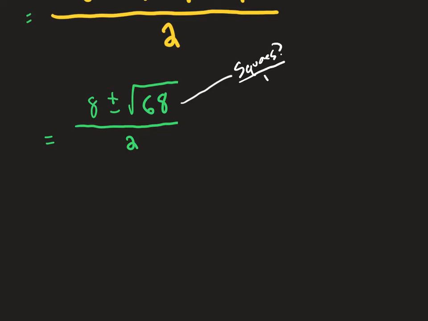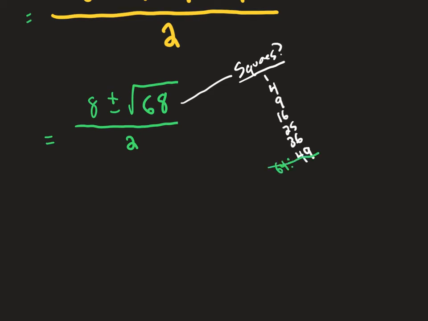So the squares are 1 squared, 2 squared, 3 squared, 4 squared, 5 squared, 6 squared, 7 squared, and really, as long as you've got up to half of the number, half of 68, that's really as far as you need to go. So we're going to check to see if each of these goes into 68 nicely.